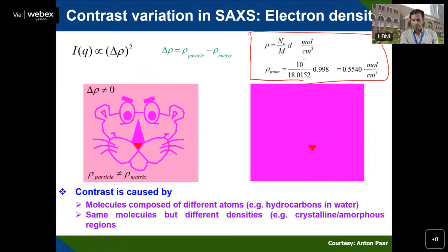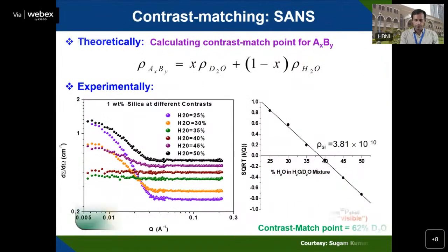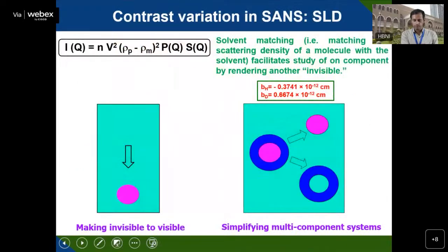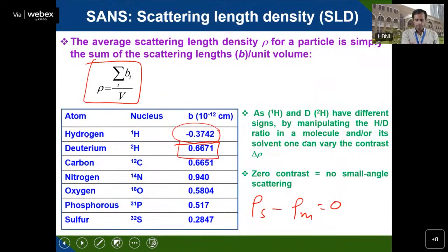In case of water, I have taken the number of electrons and the mass of the particle, and you get an electron density of 0.5 moles per centimeter cube. That is in case of X-ray electron density. But in case of neutron, the scattering length density is expressed.